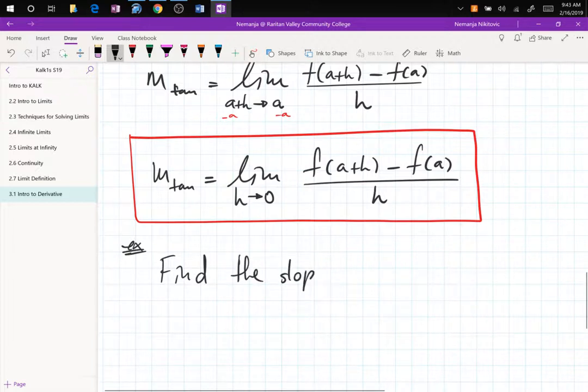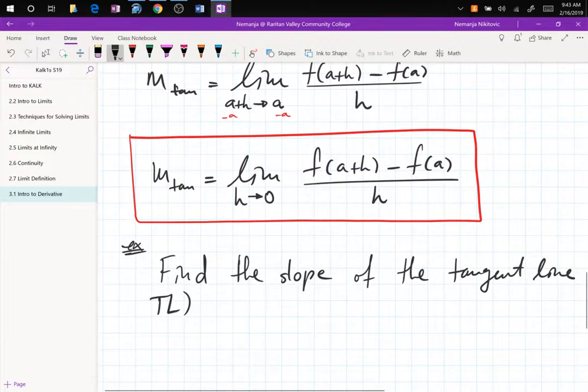Find the slope of the tangent line, also known as TL in the future, where f of x is x squared minus 6, at x equals 3.